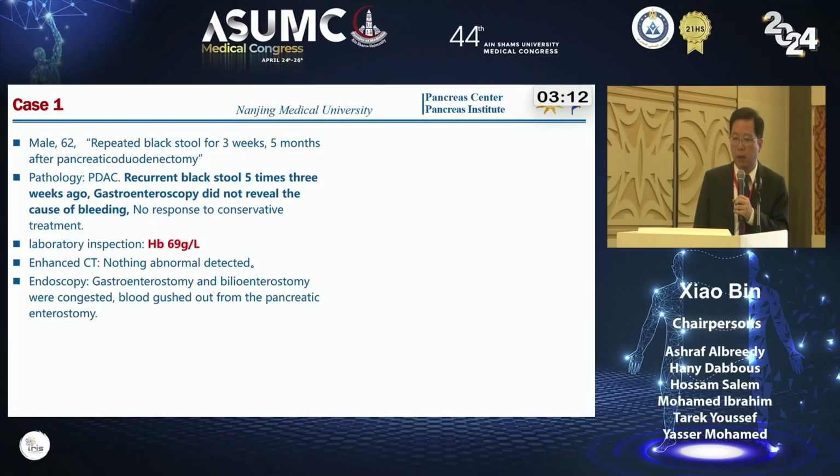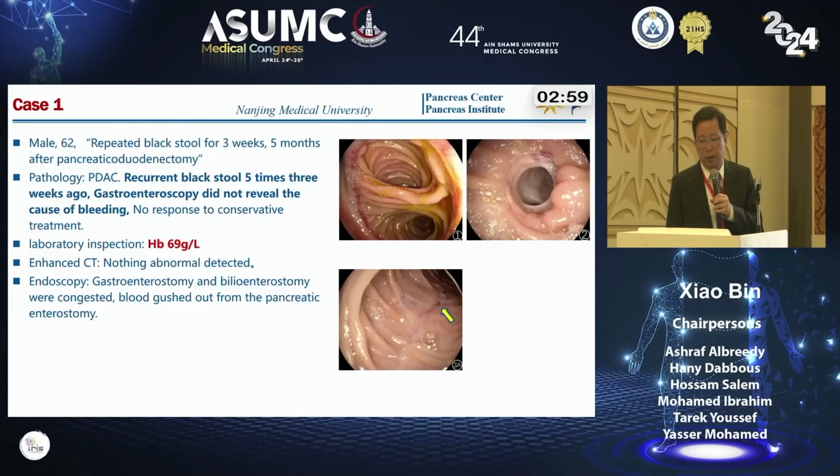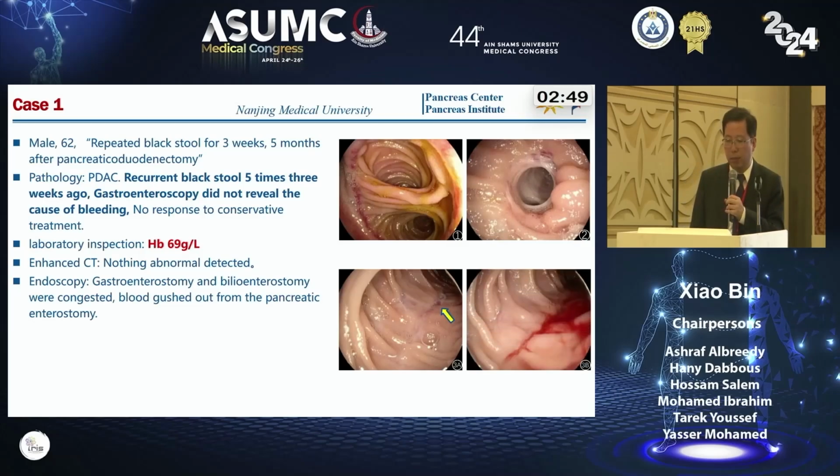This is a case we did about 2 years ago. This is an upper GI bleeding 5 months after pancreaticoduodenectomy. The normal endoscopy could not find the reason for the bleeding, but we saw blood gushing out from the pancreatic enterostomy.